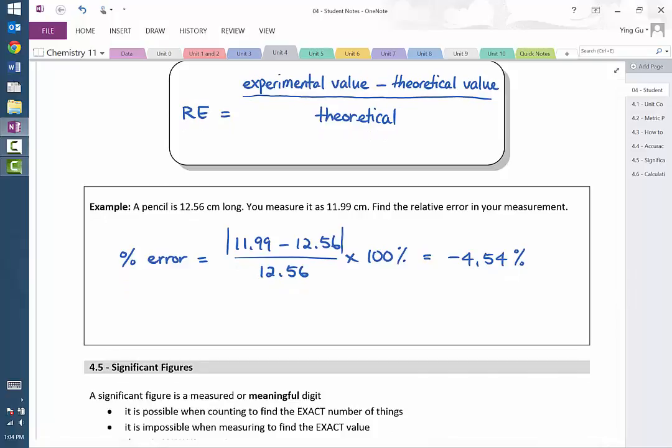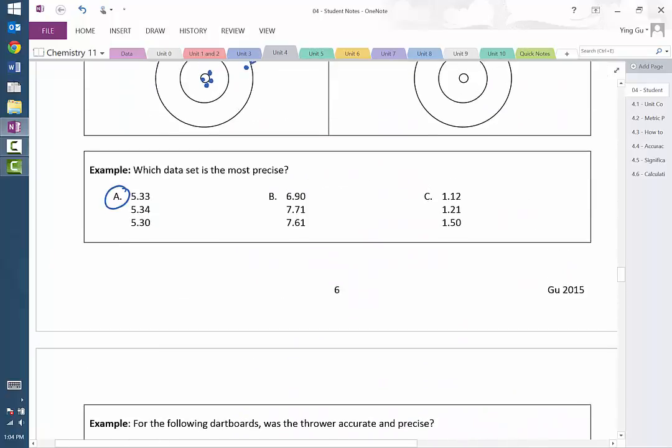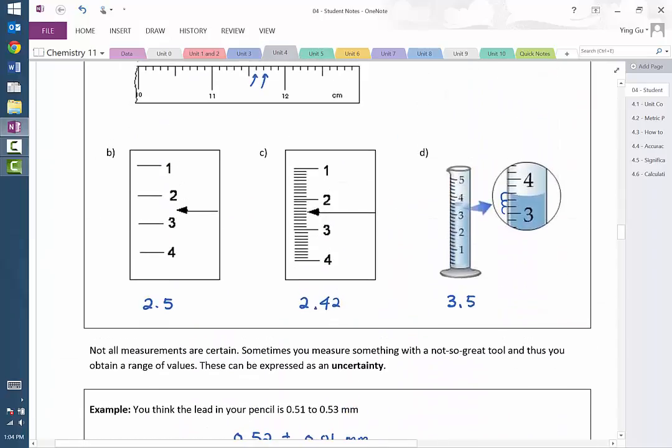One more final thought to that. When you are using an instrument, we say that if you were able to measure something to a lot of decimal places, we say that value is more accurate and precise. Okay? So let's go back in our notes and let's examine what I mean by that.